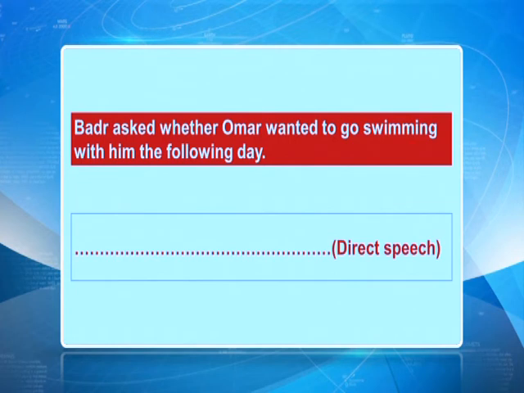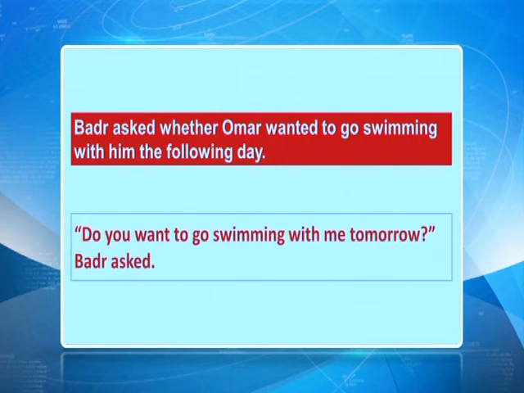Here is another sentence for you to practice. Badr asked whether Umar wanted to go swimming with him the following day. I'll give you some time to think about the answer. Okay? Remember the different steps we go through. You open the quotation marks, and then you start the sentence. Okay? Here is the answer. Do you want to go swimming with me tomorrow? Badr asked.